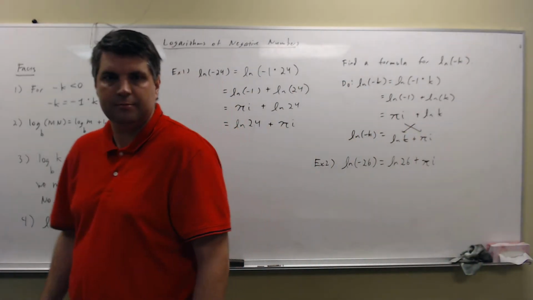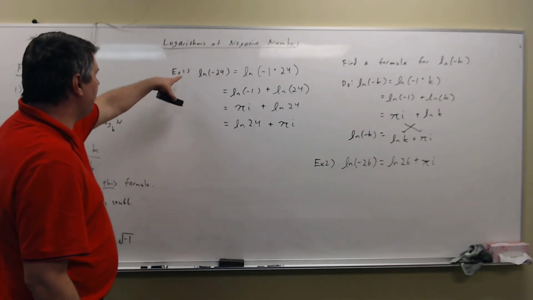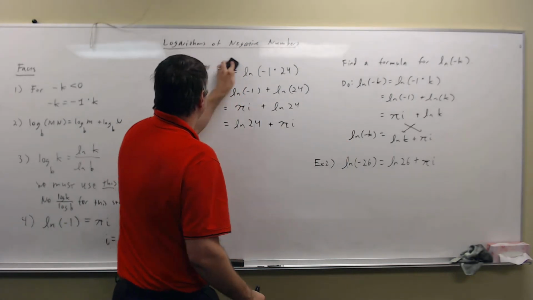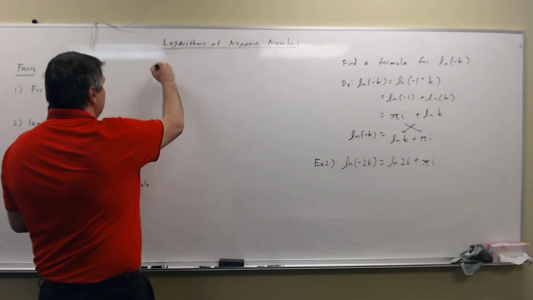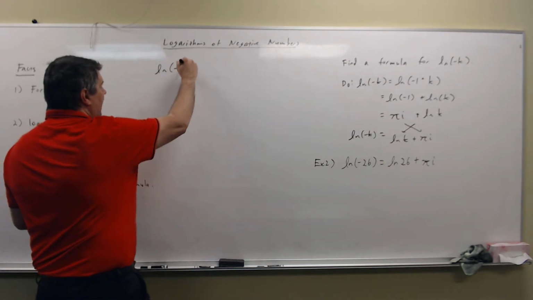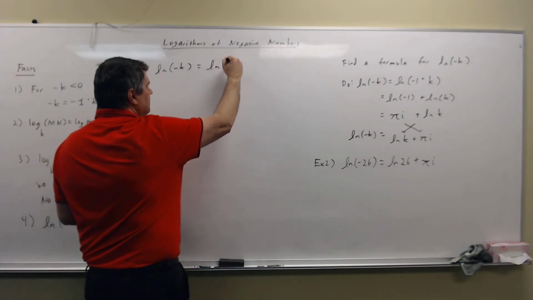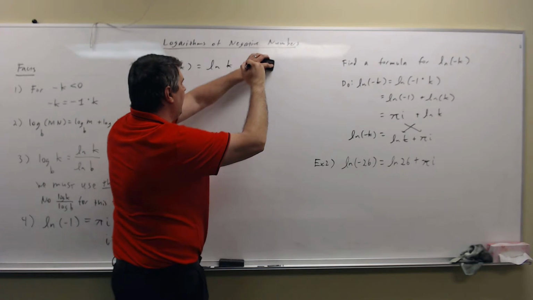That's it. Okay? So let me go ahead and copy this up here. Natural log of negative k equals the natural log of positive k plus pi i.